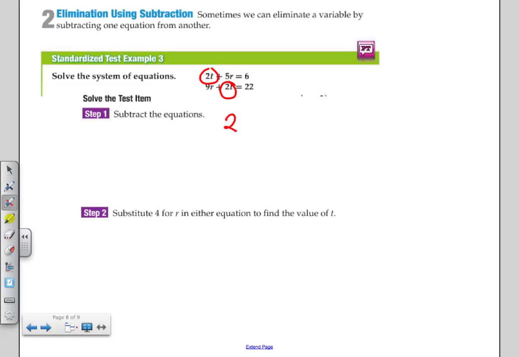I'm going to change the t's to x if you guys don't mind, because you know I don't like t's very much because they look like pluses. So 2x plus 5r equals 6, and 2x plus 9r equals 22. So you notice I rotated these and put the 2x first.